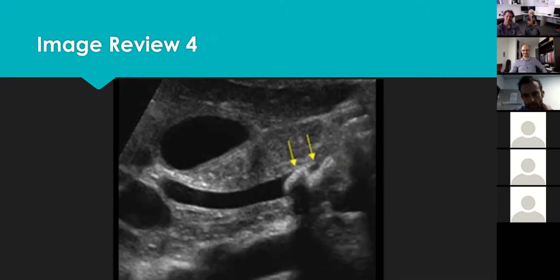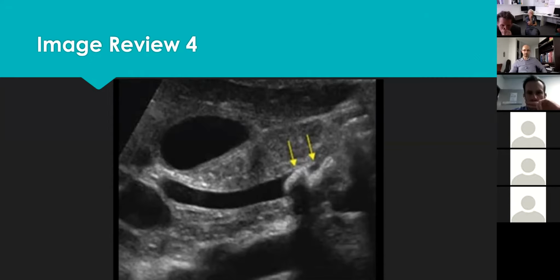So now, what are we looking at here? I'm trying to figure out what that linear hypodense structure is in the middle of the screen, and is that the common bile duct? Excellent, good job. In which case I would say, obviously you'd need to measure it, but I suspect it's dilated, which if it was above 10 millimeters, I would consider to be significant.